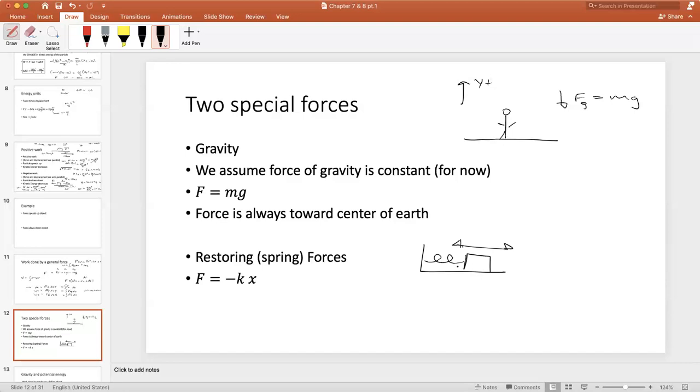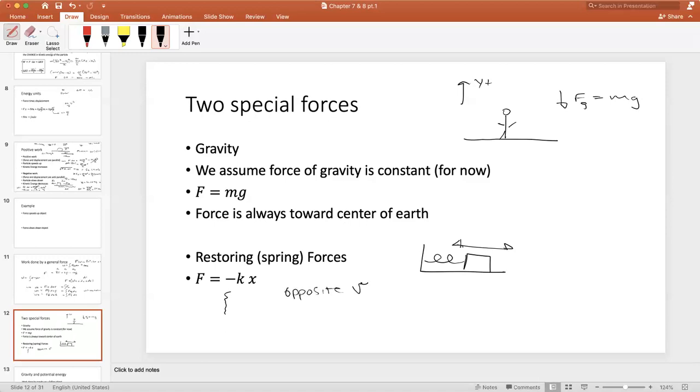And so what happens is as this block travels that way, the force pulls it back. And when it's compressing the spring, it pushes it the other way. And so much like when we did friction, we get this negative sign in restoring forces. That negative sign is really to imply that restoring forces always work opposite velocity.